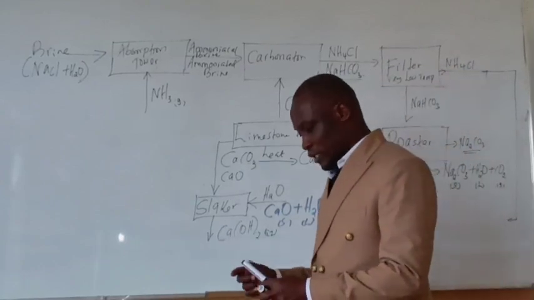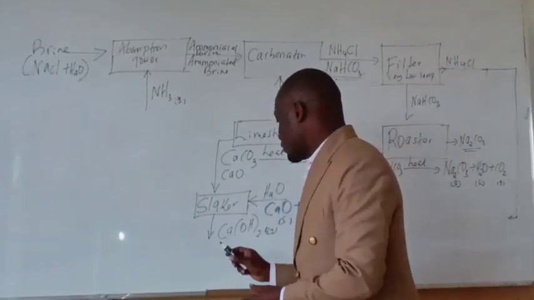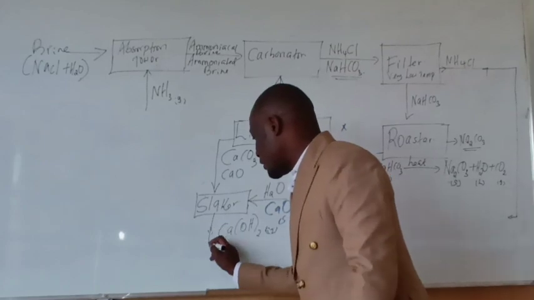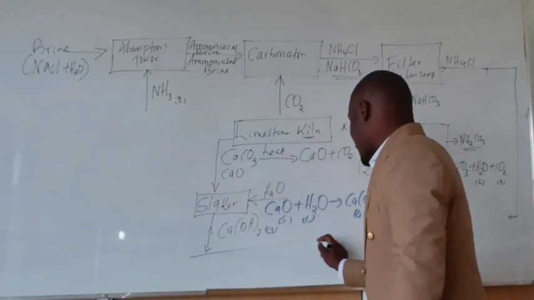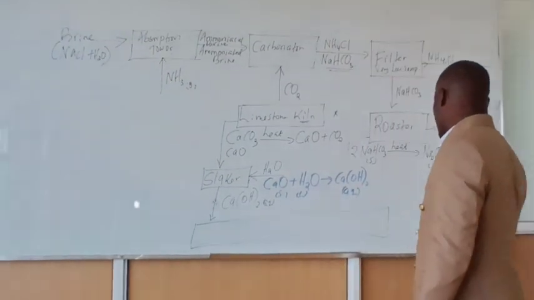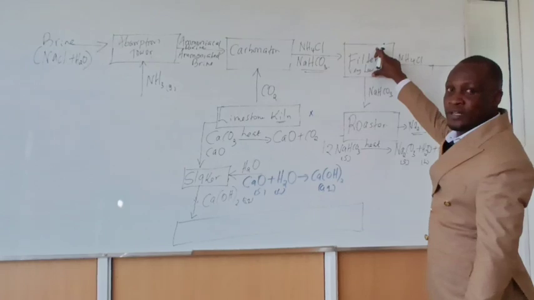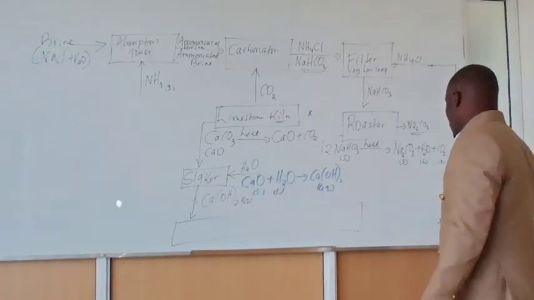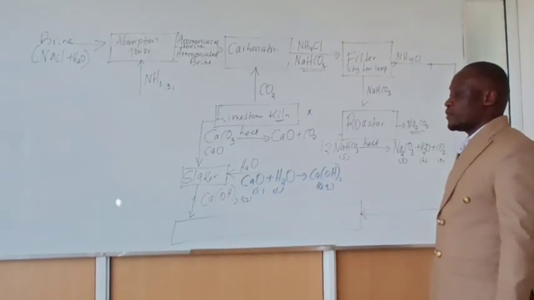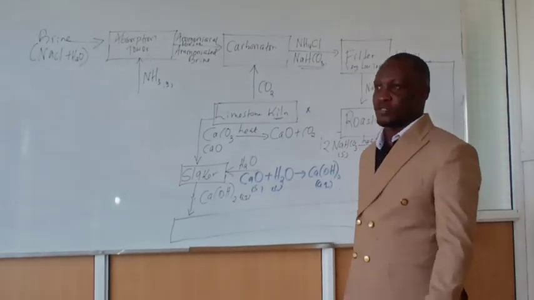Now this calcium hydroxide that has been formed comes into a large chamber here. The ammonium chloride that was removed from the filter comes there, and it reacts with calcium hydroxide.